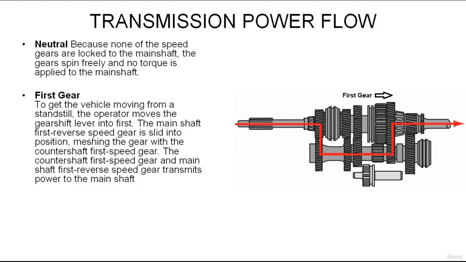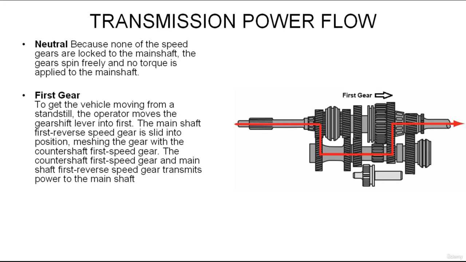And right now we are going to go through the transmission power flow. So let's discuss the path of power through a typical 5-speed transmission, and let's start with neutral. When the gear selector is placed in the neutral position, the input shaft rotates at engine speed. The shaft's clutch gear is in mesh with the counter gear, which rotates on the countershaft.